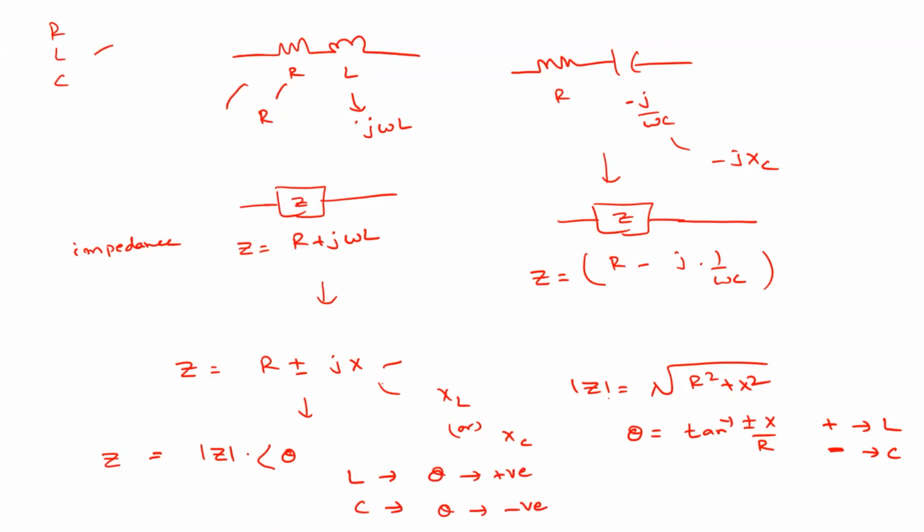From this, if you know these values, you can back calculate: R equals mod Z into cos theta, which is the real term, and X equals mod Z into sin theta, which is the reactive term.